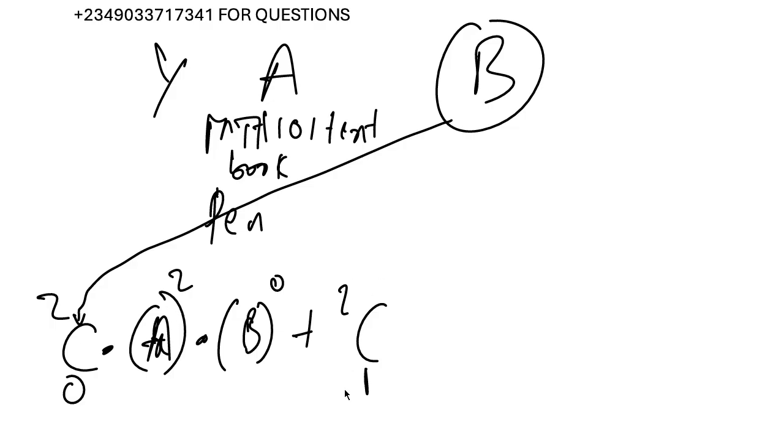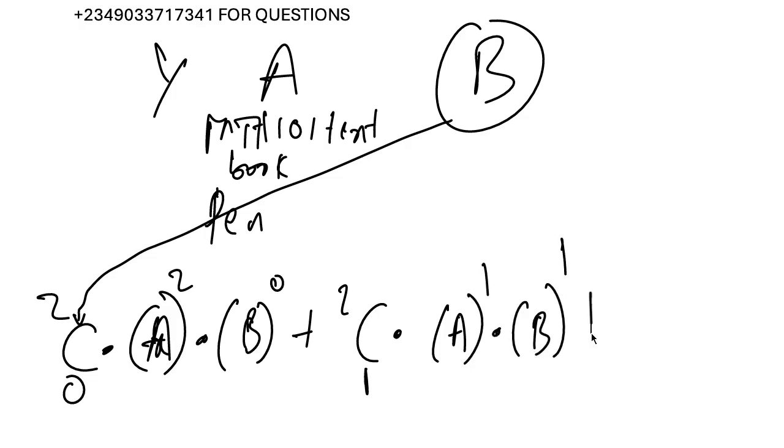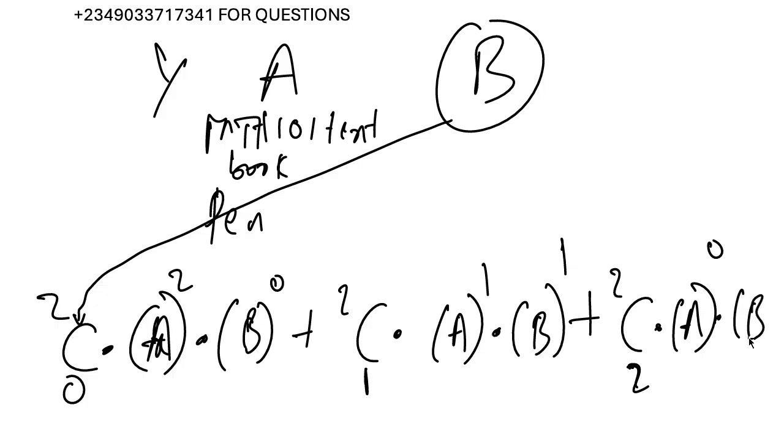Or your friend, out of those things you have, will select 1. Do you understand? What will now happen? You will have 1 and your friend will have what? 1. Are you following? Or out of those 2 things, your friend will collect those 2, which is the Maths 101 textbook and the pen. Are you following? And then it will be a to the power 0, because that's a to the power 2 minus 2. That means you have nothing, and then your friend would have collected those 2 properties.